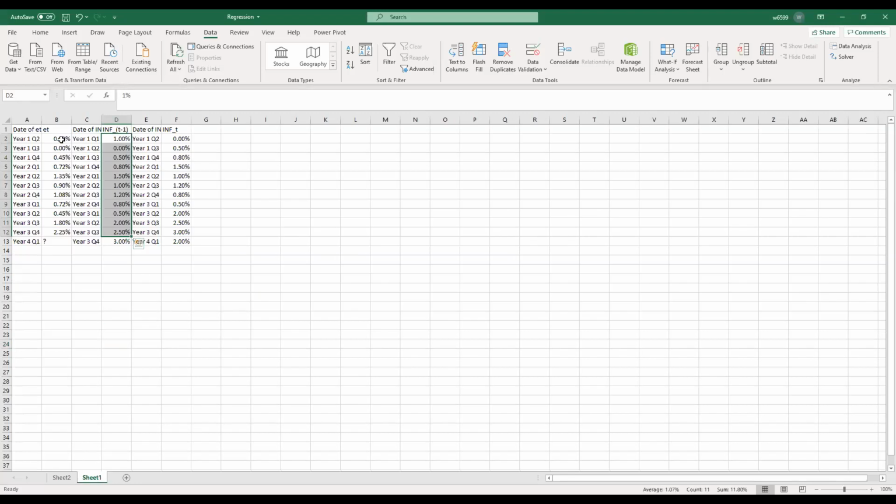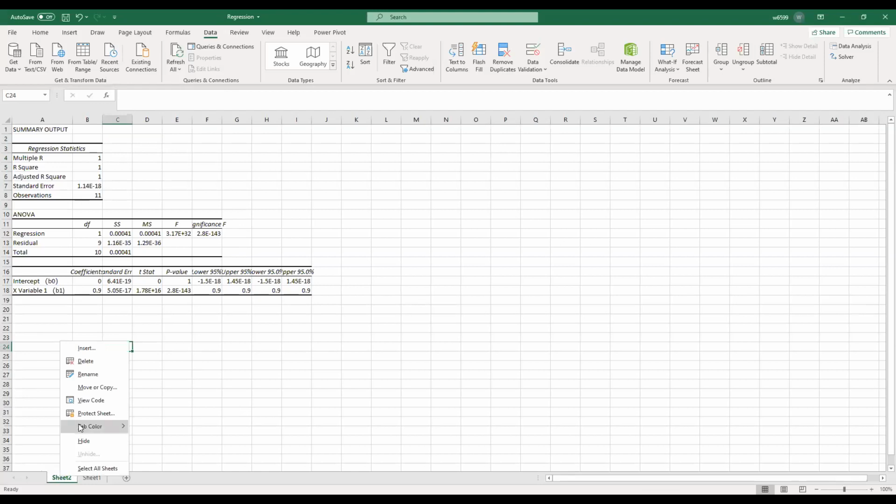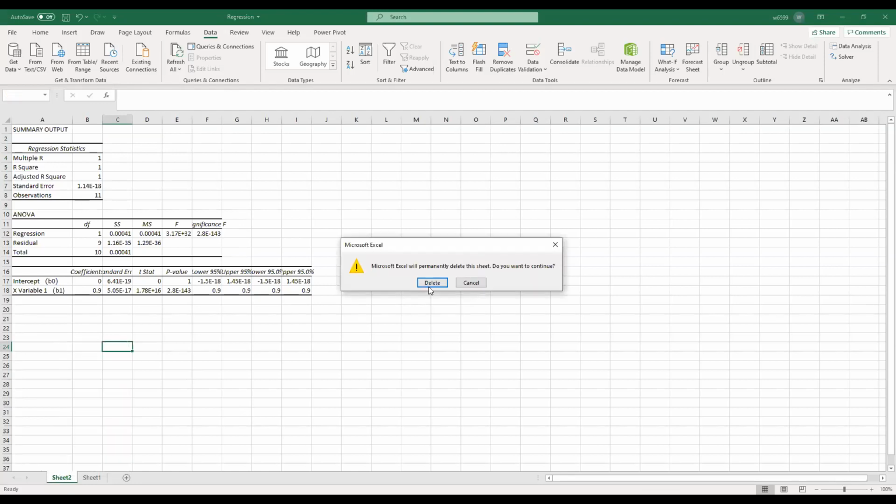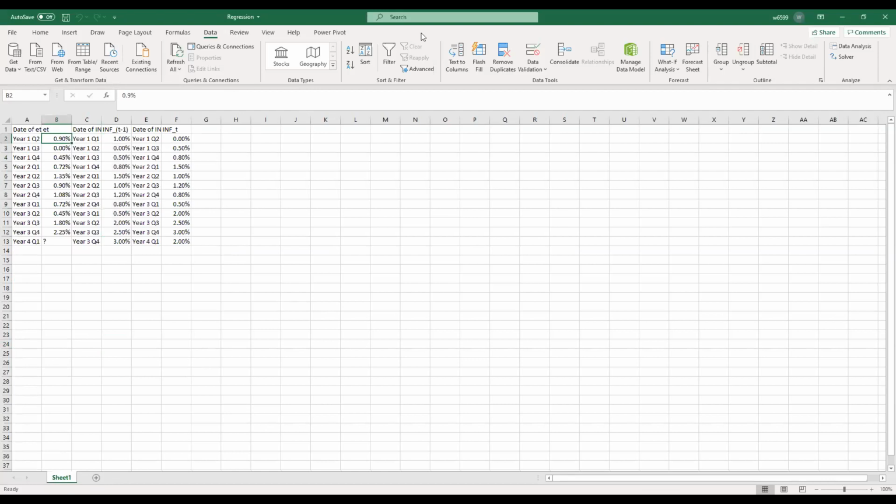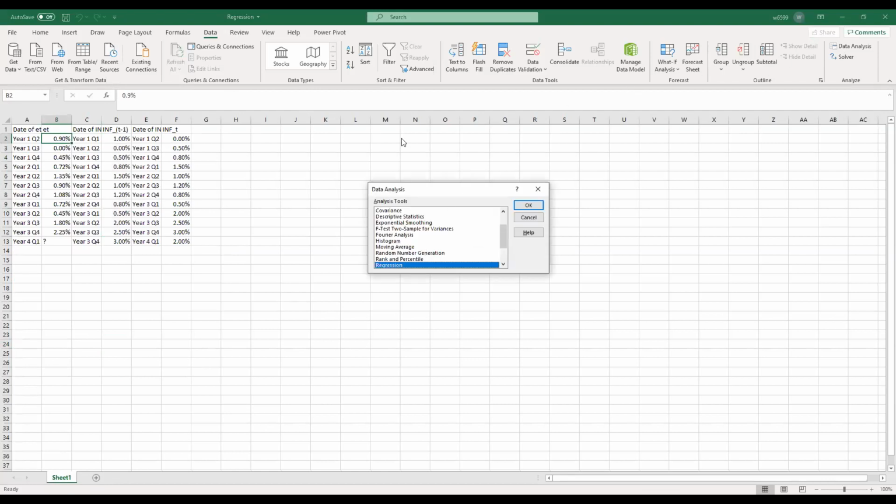Let's do the regression in Excel here. Hopefully I switched it to Excel. Yes, that's correct.